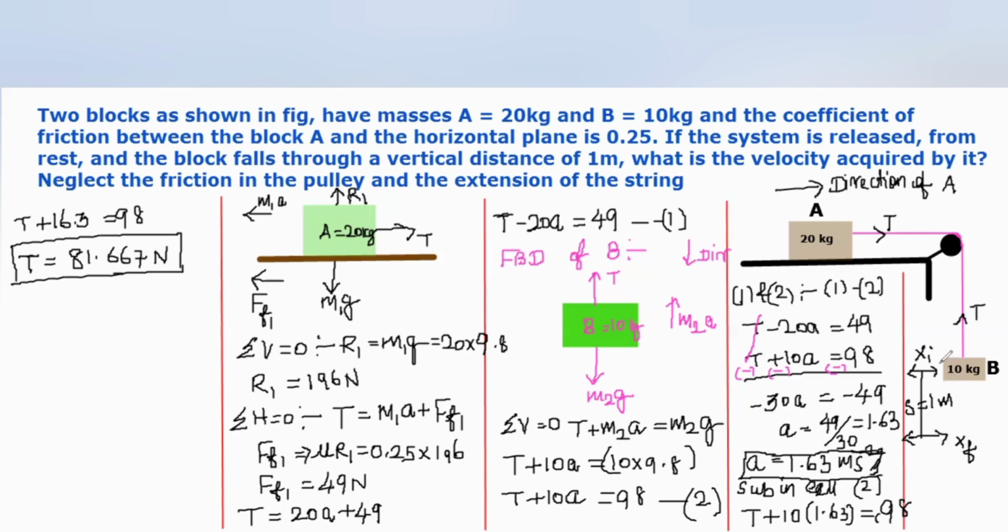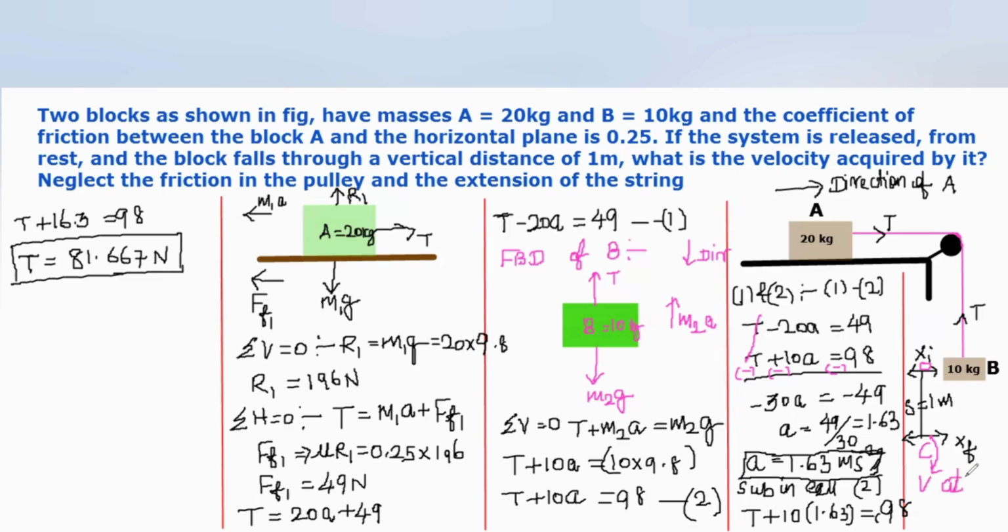I'm going to take this position as O, and then this position is C. So what is the velocity at this point?